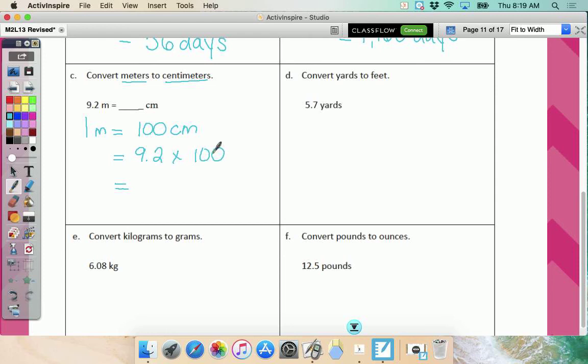Because there's no standard algorithm involved, okay? So I think I'll pull a stick for someone to answer this question. Adrian, what do I need to do to solve it? Move the decimal over to the right 2 times. Very good. So that's going to give me what for my answer? 920. What's my label? Centimeters.